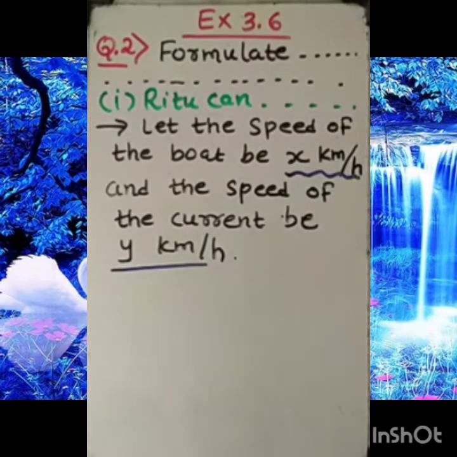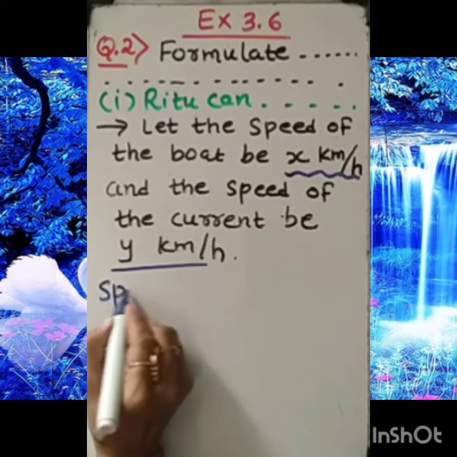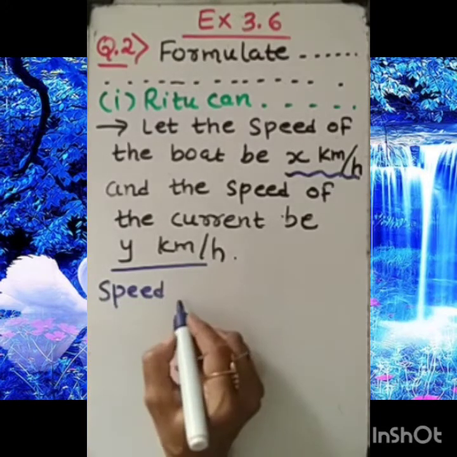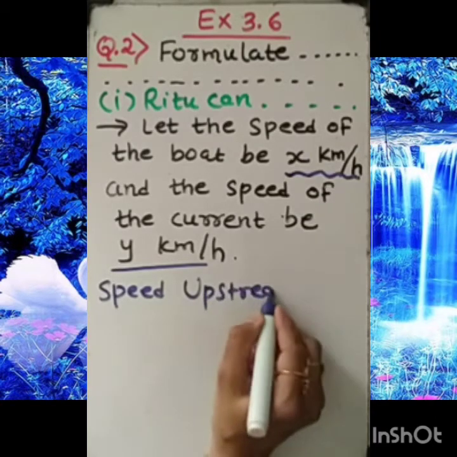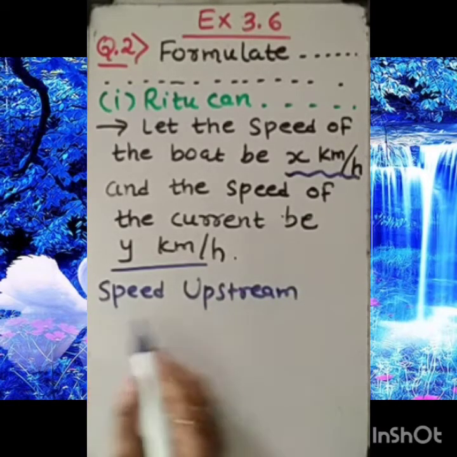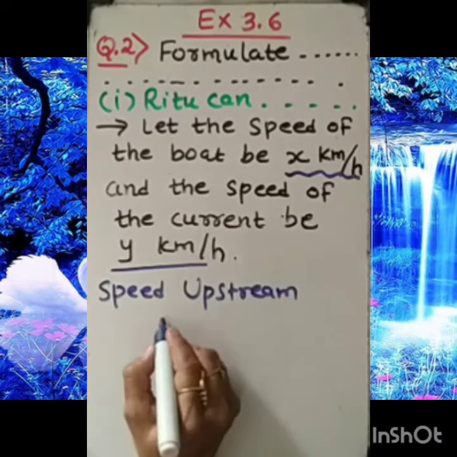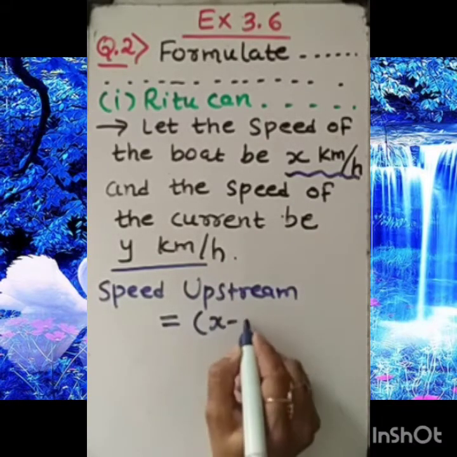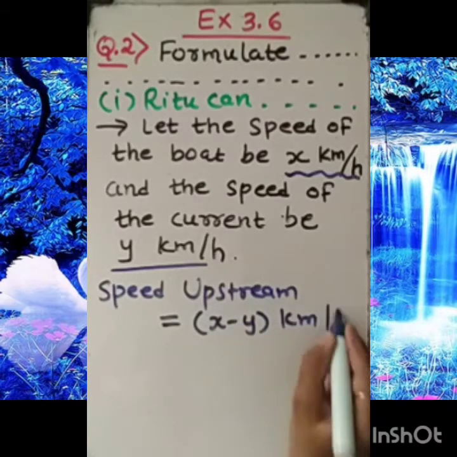Now let's work out. If we go upstream, what will be the speed? Upstream is the opposite direction, so the speed in upstream will be x minus y kilometer per hour. Please remember this.